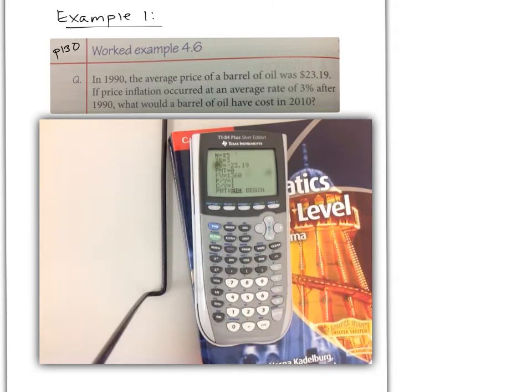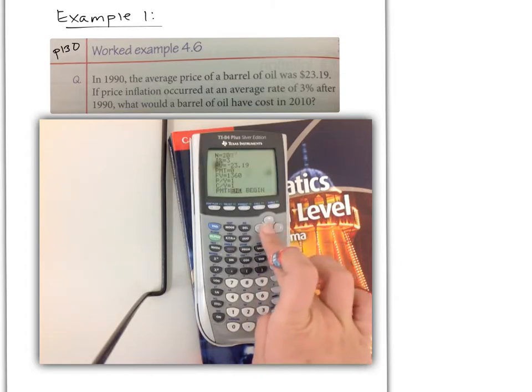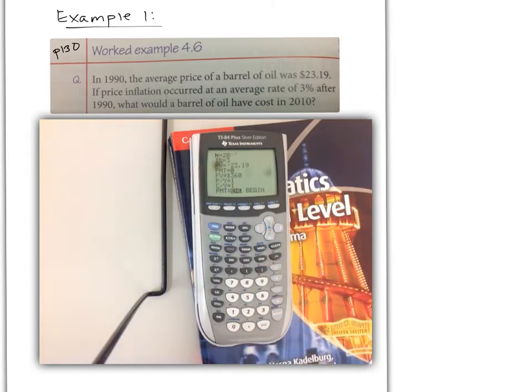And the number of years from 1990 to 2010 is 20 years. We want to know what the price of the barrel would be in 2010, so that's my future value. I'm going to press alpha solve, and it tells me that a barrel of oil would cost $41.88 in 2010.